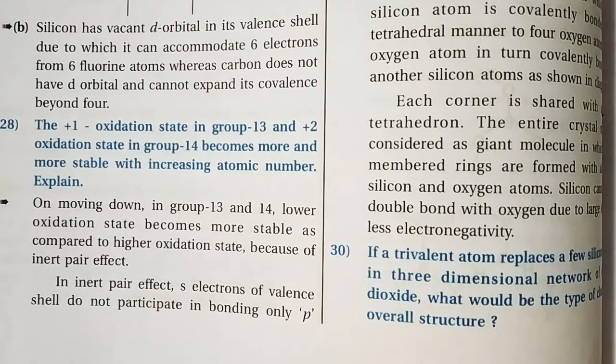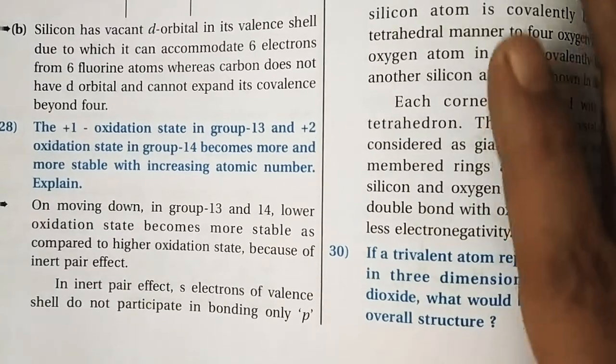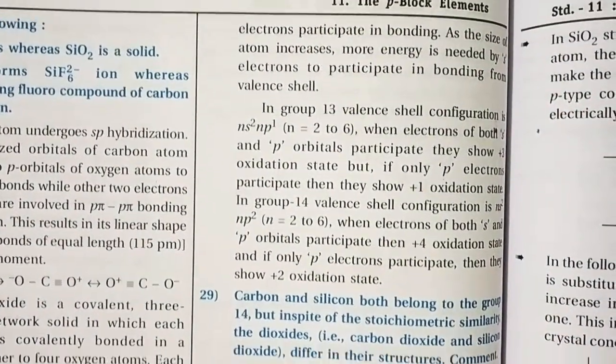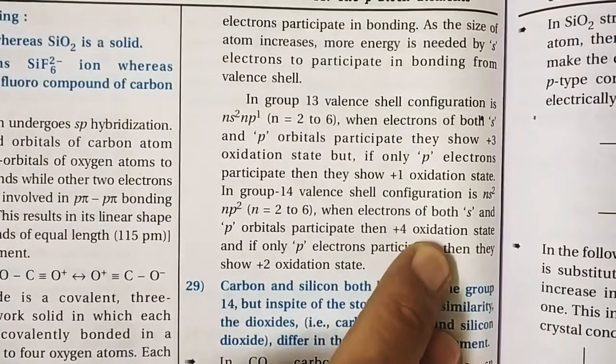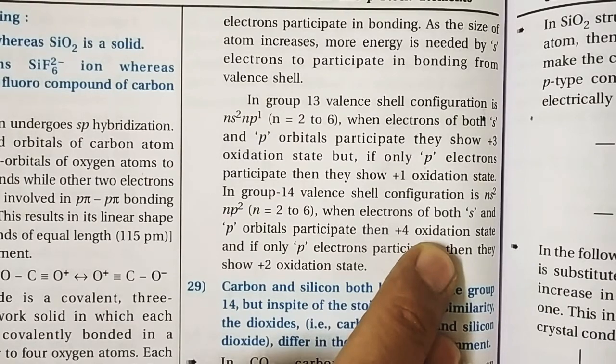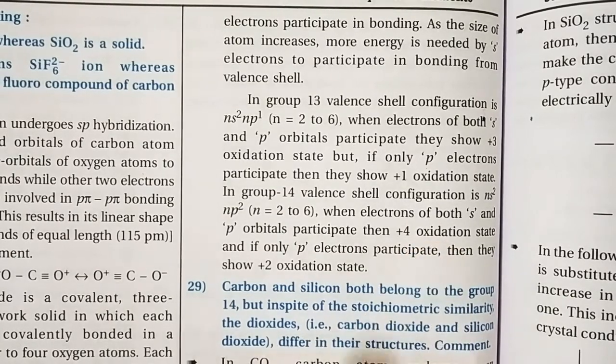In this effect, the s electrons of the valence shell do not participate in bonding and only p electrons participate in the bonding. As the size of the atom increases, more energy is needed by s electrons to participate in bonding.